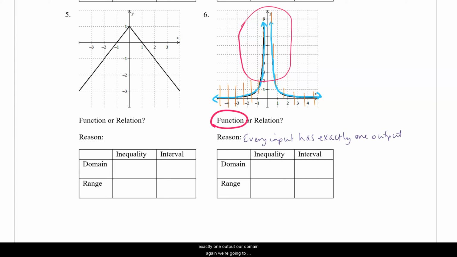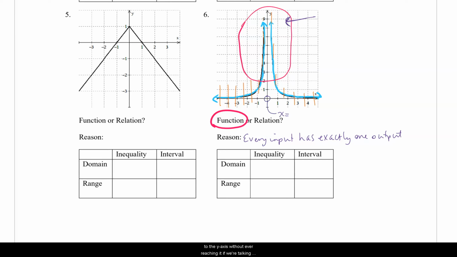Our domain, again, we're going to take that graph and smash it onto the x-axis. Notice that these places up top, this almost looks like a chimney in a way. It keeps going on forever, but it never crosses the y-axis. They just follow it and get closer and closer and closer to the y-axis without ever reaching it.